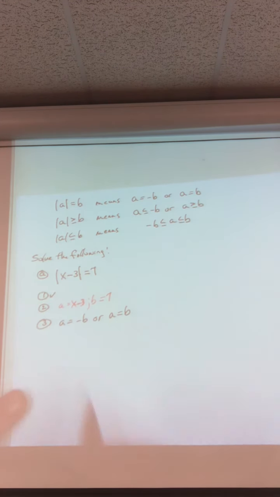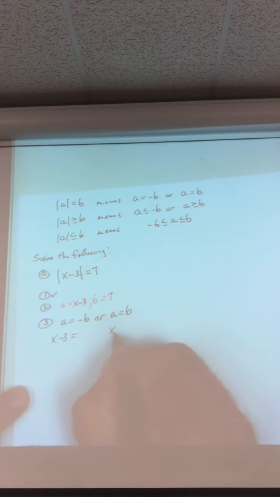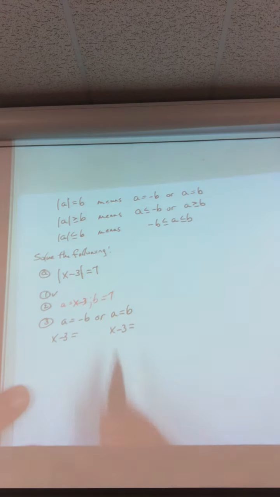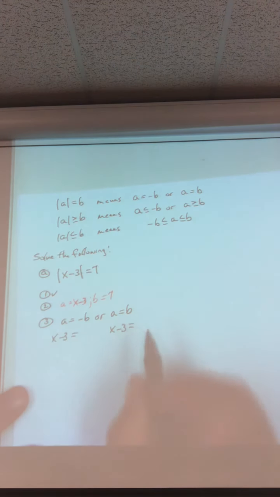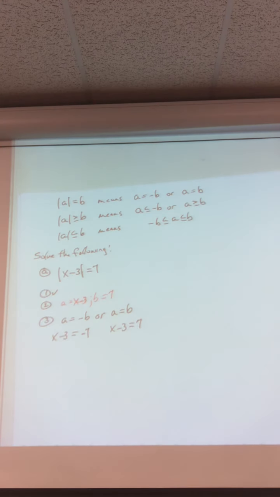Now, what are we going to do? Replace A with x minus 3. Now, replace B with 7, and replace this B with 7. But this B has a negative in front of it. Yes, you have to put it back. So just memorize the formula exactly as it is.